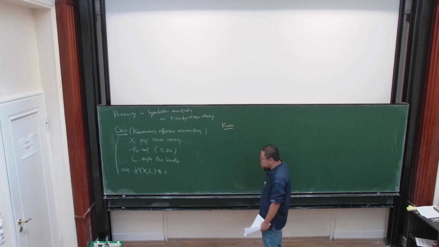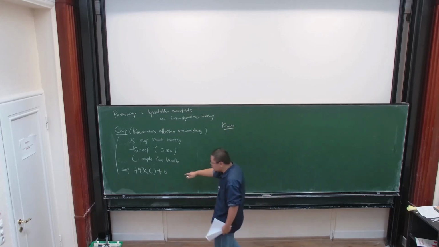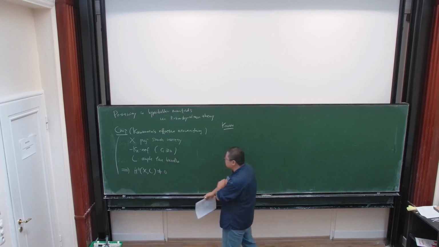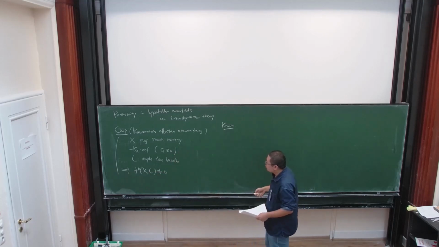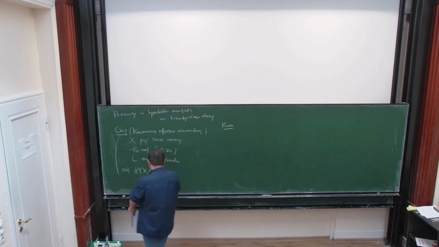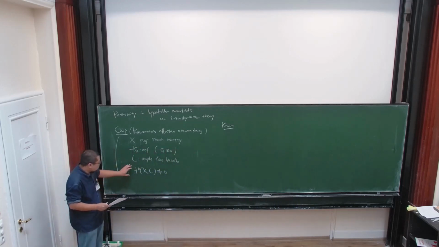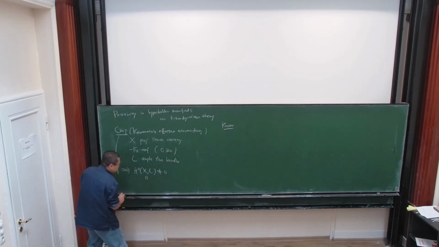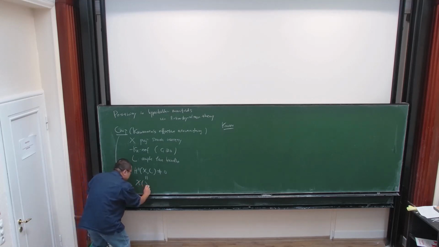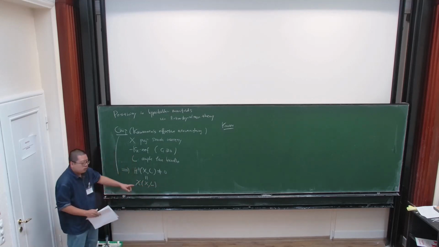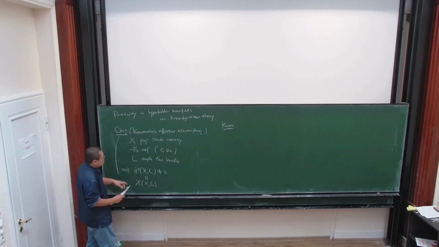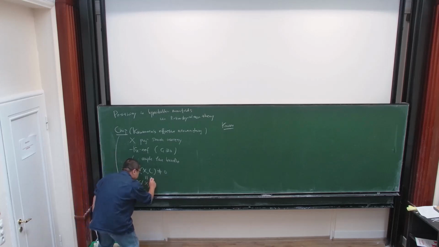Usually the way to show this non-vanishing is this: the number of sections is just equal to the Euler characteristic of L, right? Because we have this minus K nef, and this is just Kodaira vanishing, right? Kodaira vanishing.